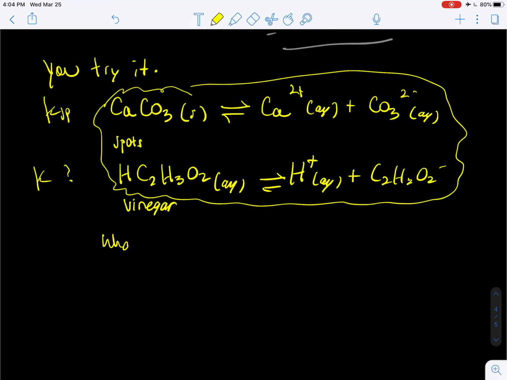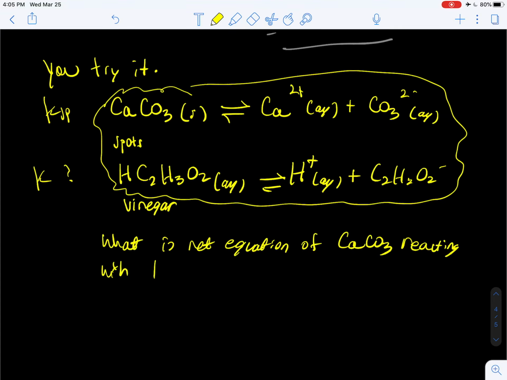So what's the net equation of calcium carbonate reacting with just 1 molar equivalent of vinegar to give bicarbonate?